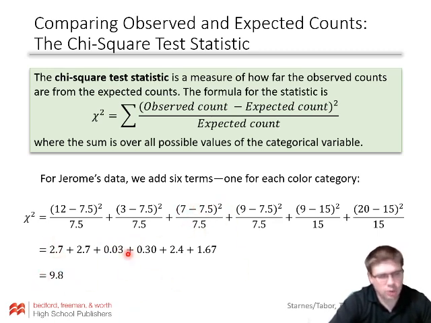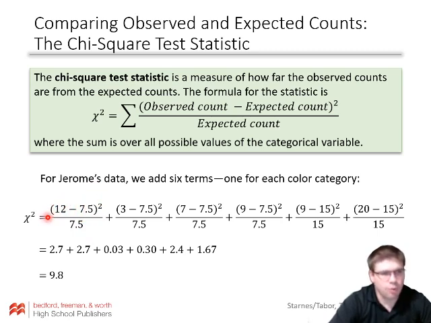However, the categories that cause more here are the first couple, where we're off 12 and we were expecting 7.5, and then 3 we're expecting 7.5. Those are both the same amount off, if we think about that. And then another thing to think about is how far that is away. It is relative to what we expected. Being off right here by, what would that be?